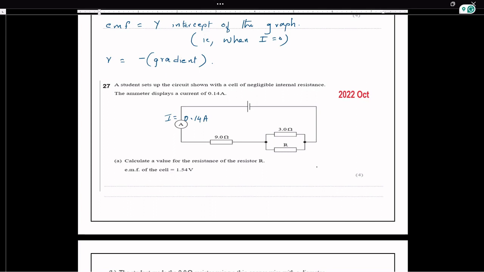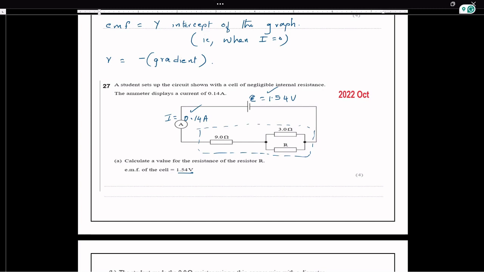It says that the EMF of the cell is 1.54 volts. So we know the EMF and we know the current. From that we can calculate the total resistance of this circuit.